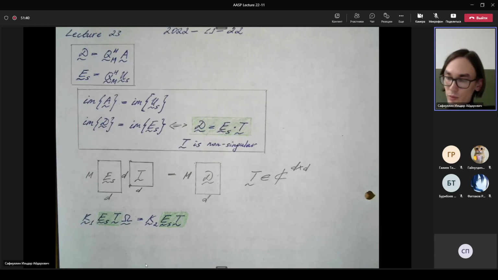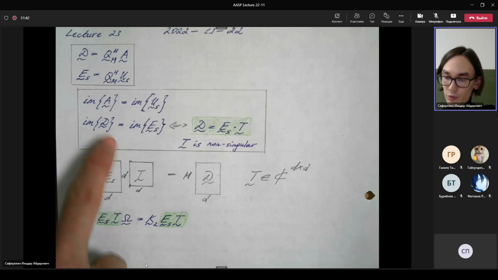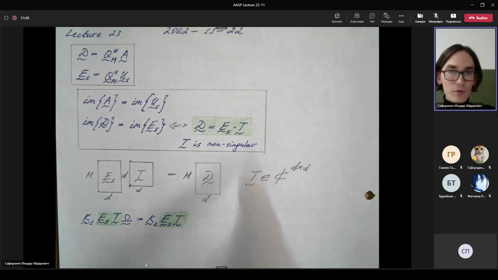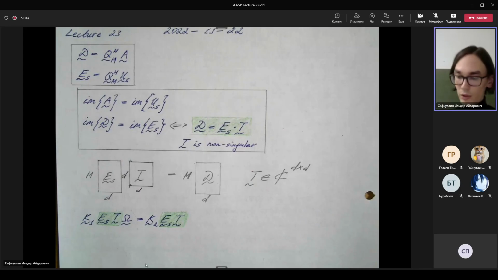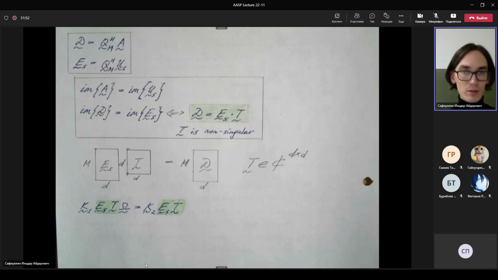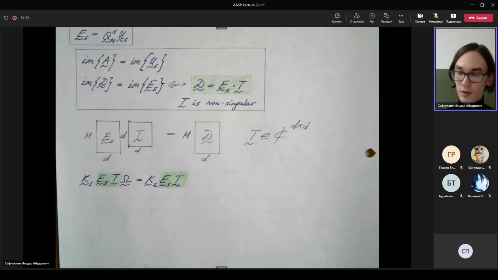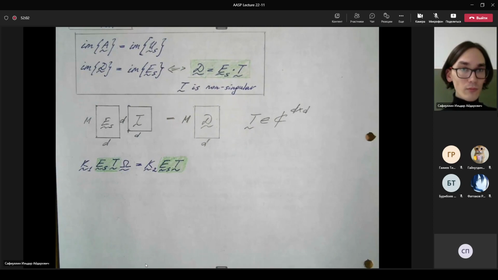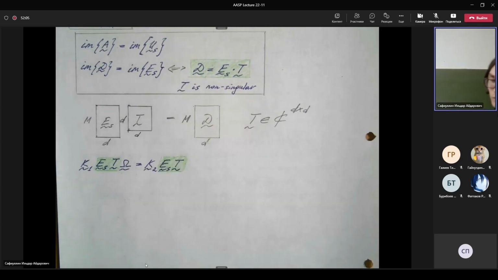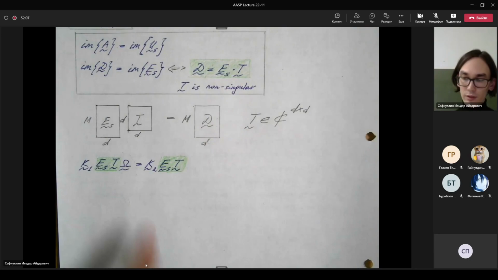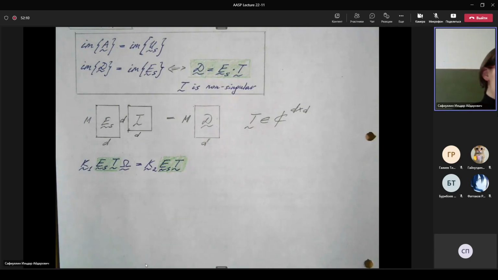In this case, we can show the connection between these two matrices with the transform matrix. Here we show what we have in the multiplication of these matrices, and this matrix T is non-singular and is a square matrix.